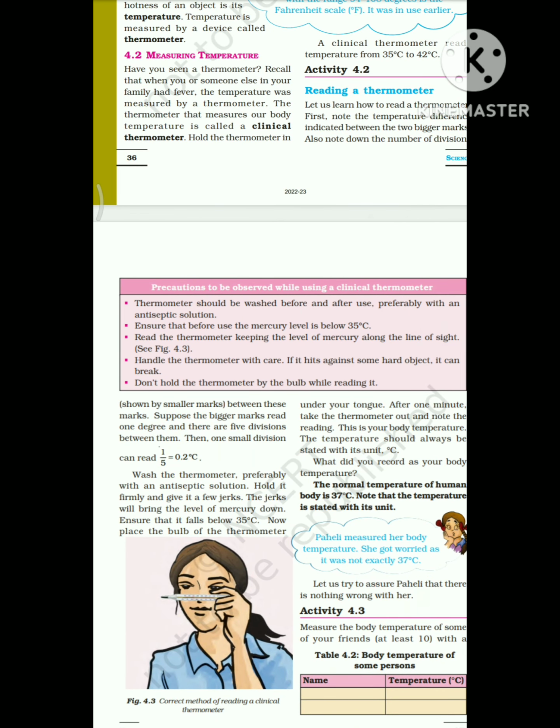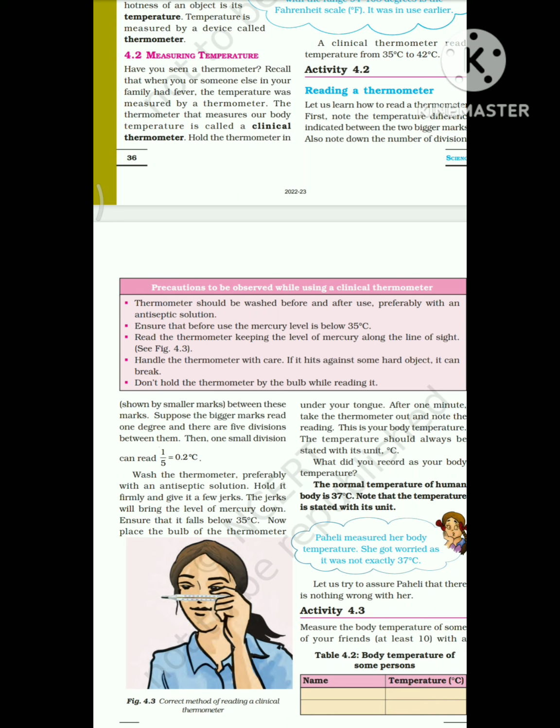And they are: the clinical thermometer should be washed before and after use, preferably with an antiseptic solution, because the bacteria in our mouth can go into another person's body, which is not good.